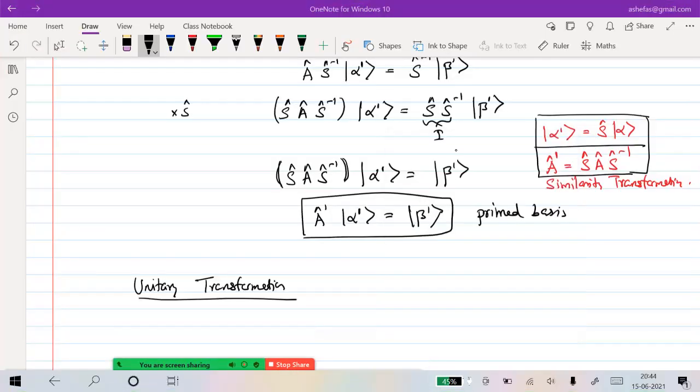So unitary transformation is also a similarity transformation, but there is one extra condition. Unitary transformation has to preserve the Hermitian property of an operator.